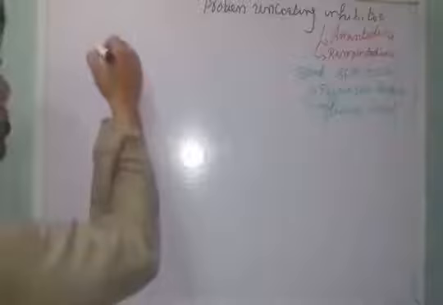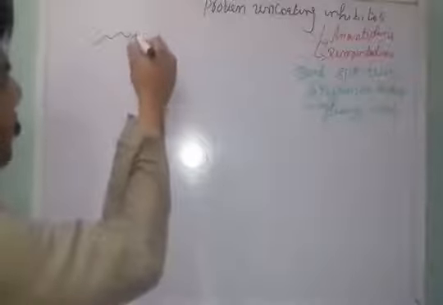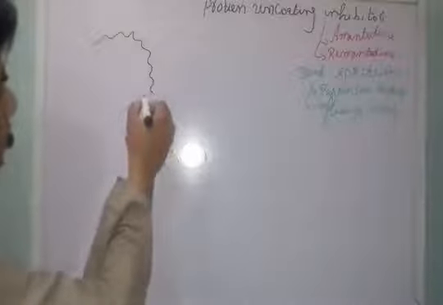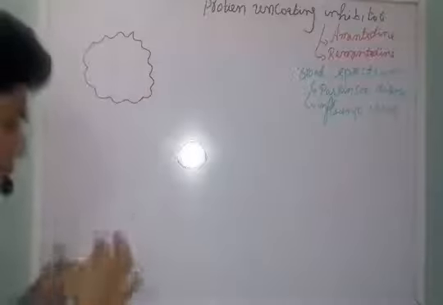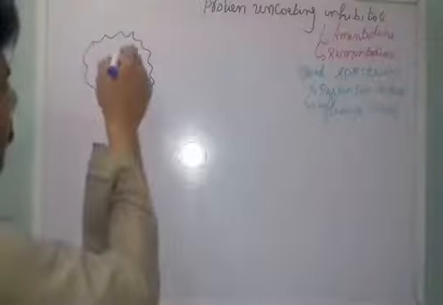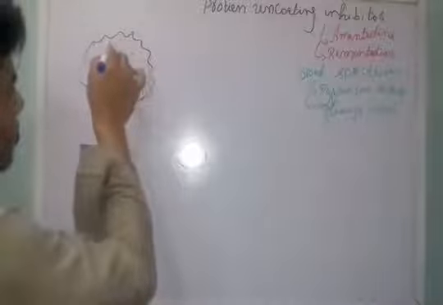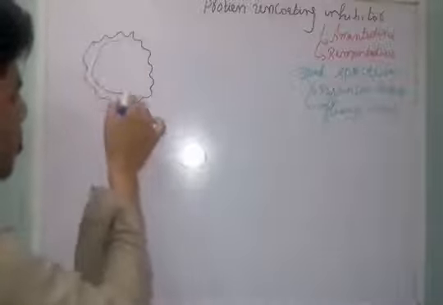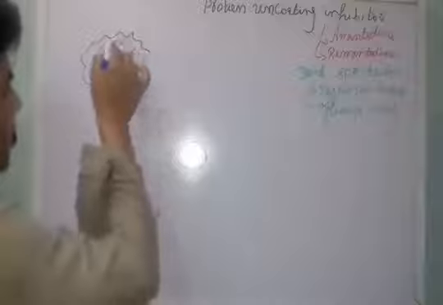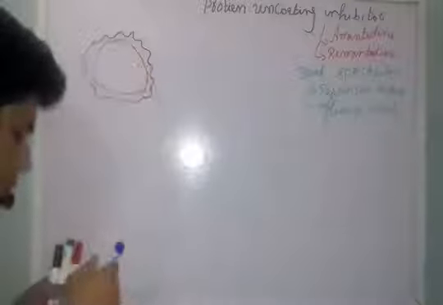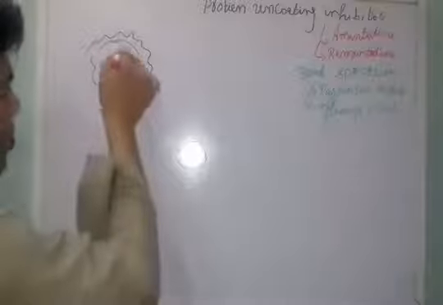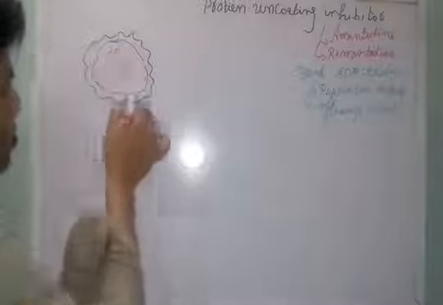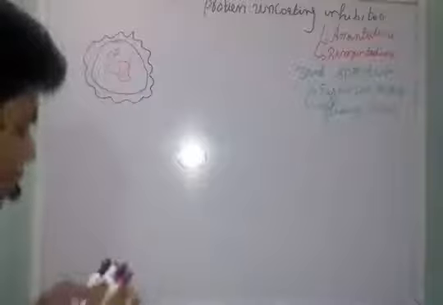Let's suppose this is the envelope area. Inside this envelope area, there will be a capsid, and inside the capsid, there will be a genome, any kind of genetic material, DNA or RNA. Fine.